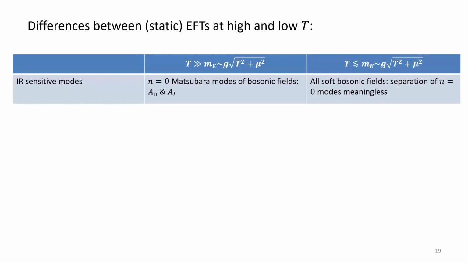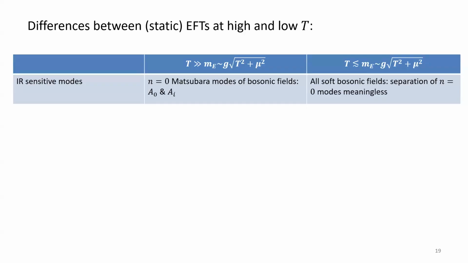Now, as I mentioned, in this high temperature regime, the only modes that are infrared sensitive, that need to be resummed, and that are thus the degrees of freedom in these low energy effective field theories, are the Matsubara modes of bosonic fields, meaning A0 and Ai, while in the low temperature regime, all soft bosonic fields actually need to be resummed.